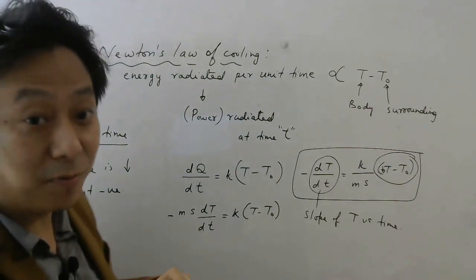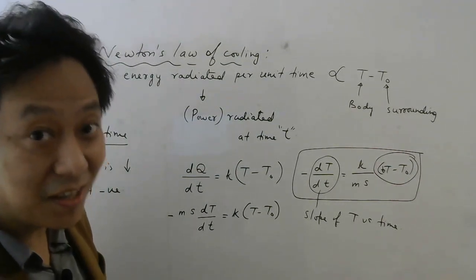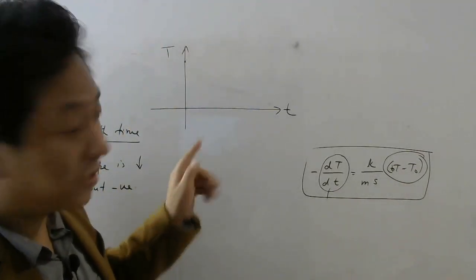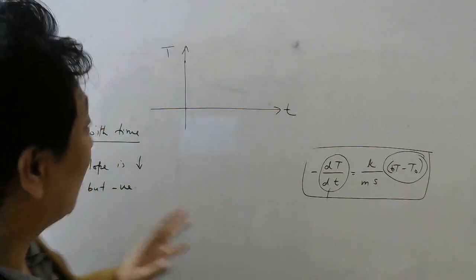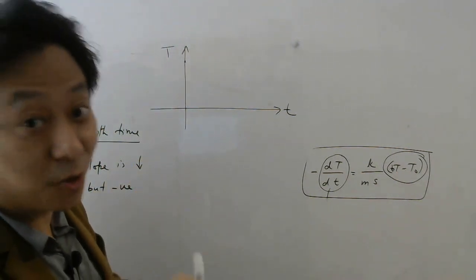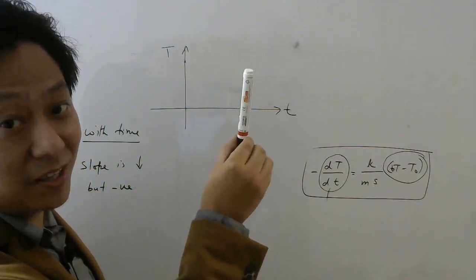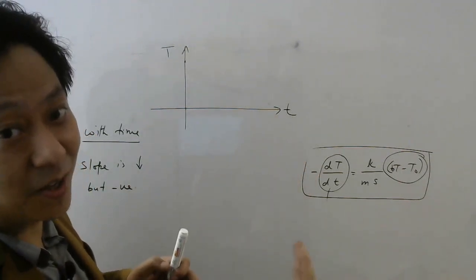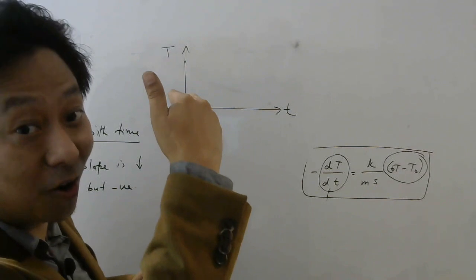So how will a graph look if the slope is decreasing and it is negative? Here I am plotting on y-axis temperature, on x-axis time, and I know the slope should decrease. Slope should decrease means from vertical it should become horizontal, but it should have negative slope. So the angle made should be obtuse.